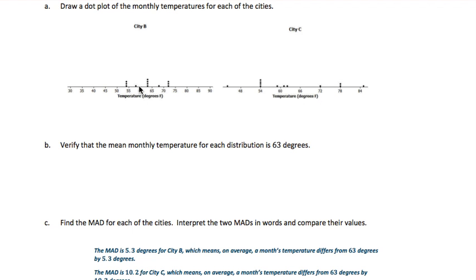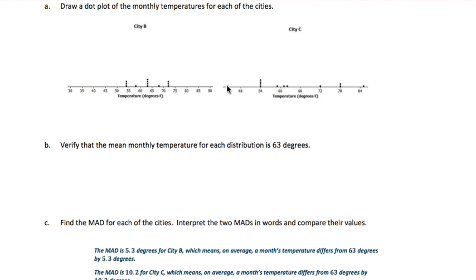And we have 1 each that it would appear to be 5 less and 5 more, so they also would cancel each other, making a mean of 63. And then we could do the same with these values in city C. If this is 63 right here, 2 that are off this way.